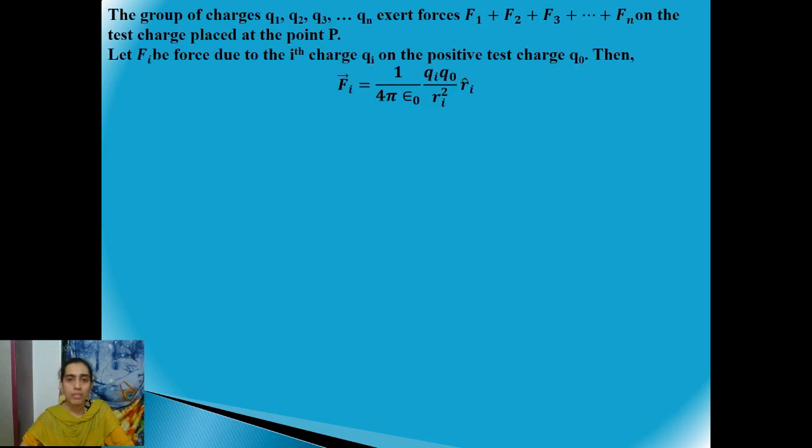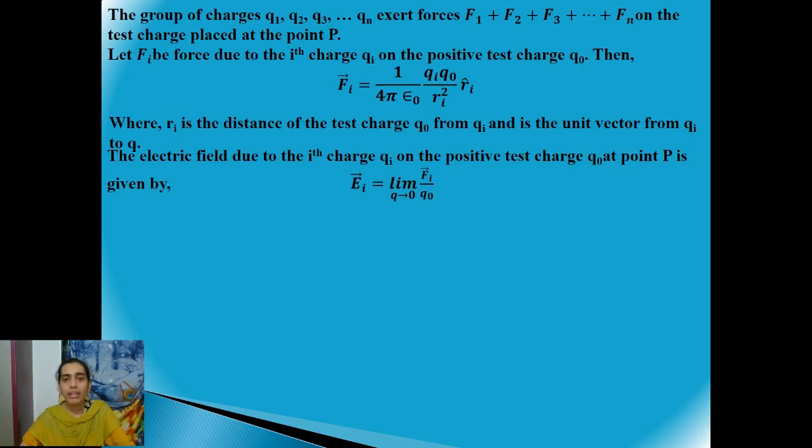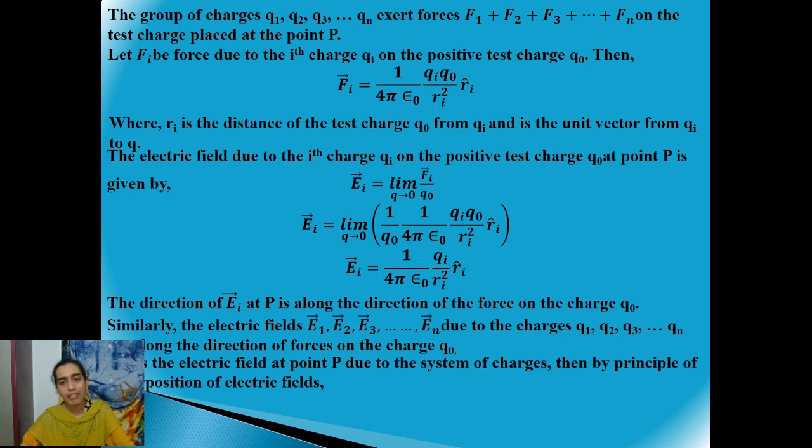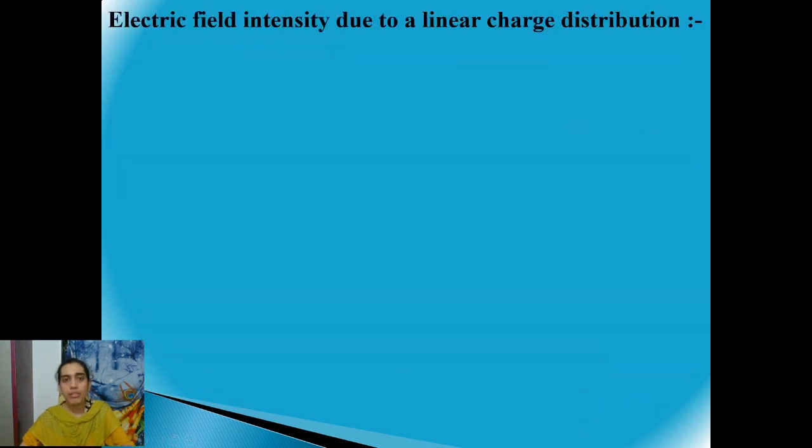So according to the superposition principle, we made use of it and derived the expression, vector E is equal to the summation from i equals 0 to n of 1 over 4 pi epsilon naught Qi divided by Ri square into Ri cap, where i takes values from 0 to n. And also we discussed electric field intensity due to different continuous charge distributions.